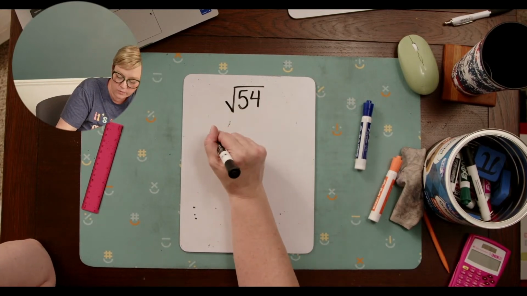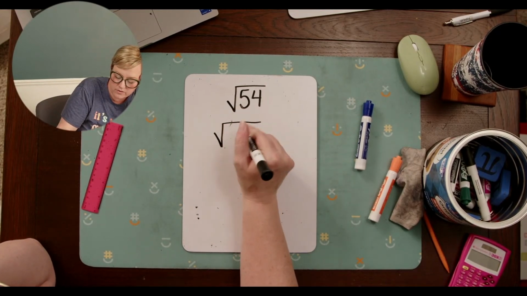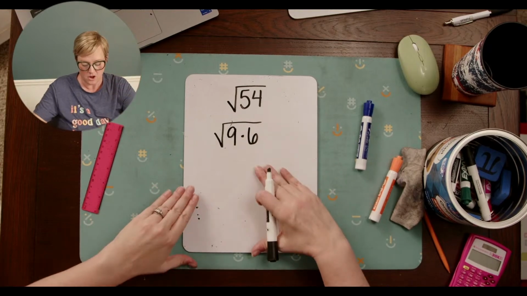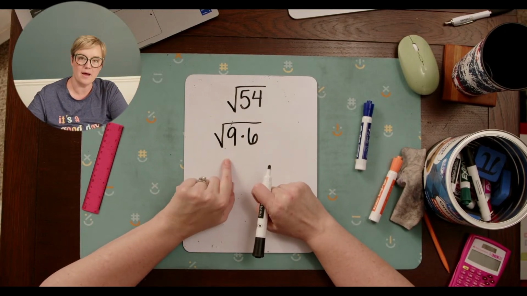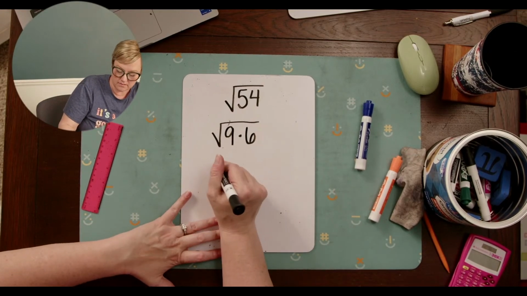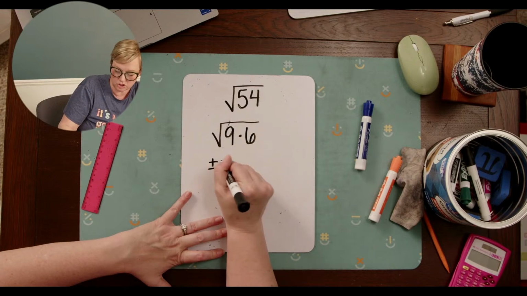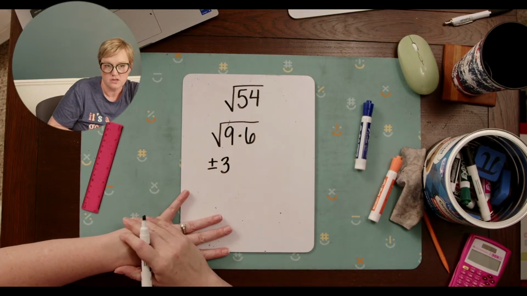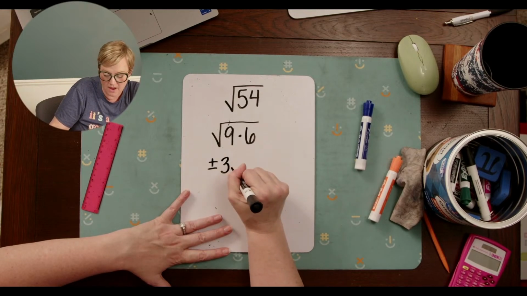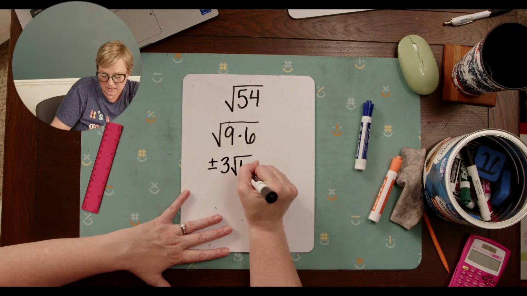So I can rewrite this as the square root of 9 times 6. 54 is 9 times 6. So now the only way to come out from under the radical sign is to get the square root taken. So the square root of 9 is 3. It would be plus or minus, sure. Okay, plus or minus 3. I can't take the square root of 6, so that one's going to stay as root 6.